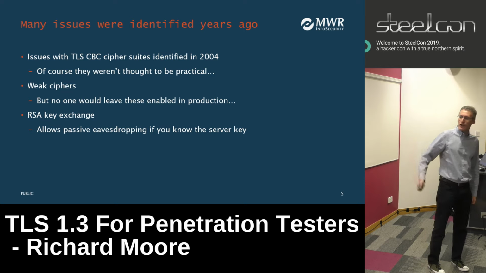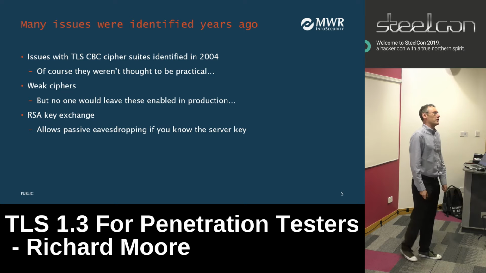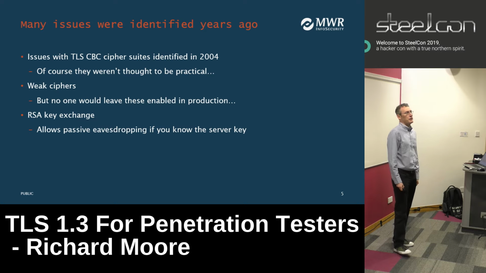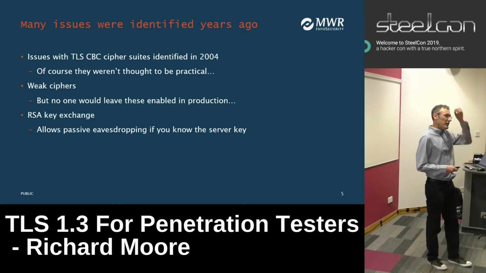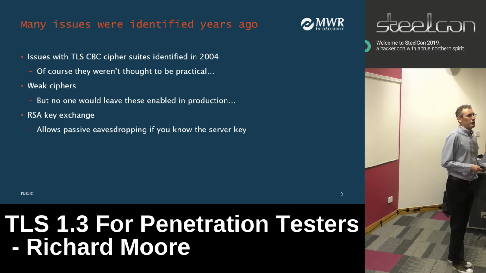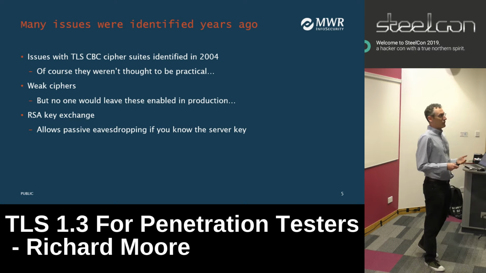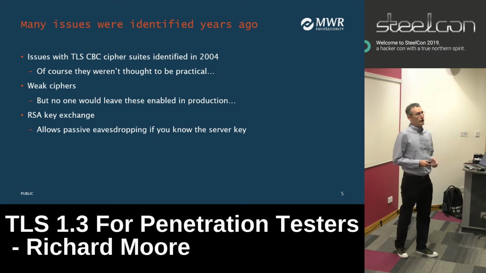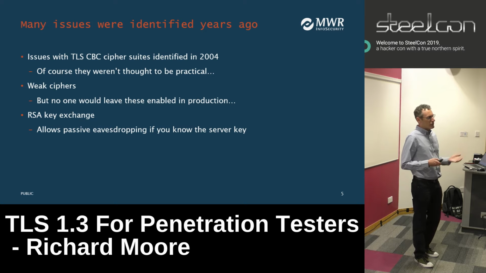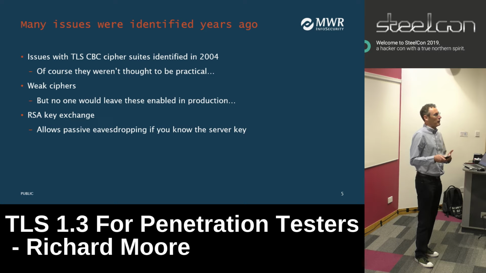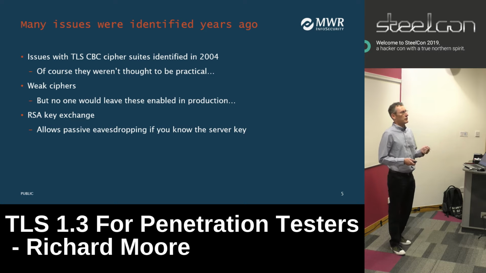The RSA key exchange was another mistake. But obviously, we didn't know that at the time. The lack of forward secrecy was the weakness there. So what it means is that if you get the private key, so those of you who have done testing or have done courses about testing will have seen things like path manipulation attacks where you can effectively get files off a server, or you could compromise a server some other way.